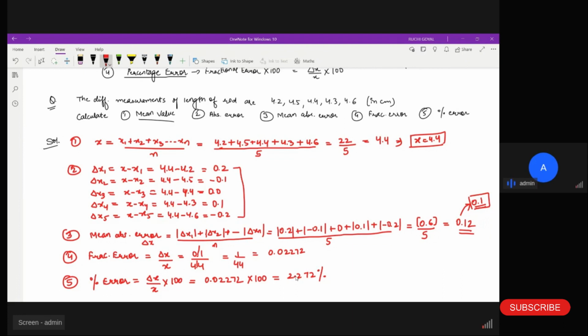From here we can say that the instrument used in measuring the length of the rod has an error of 2.272%, because as I have said already, every instrument has some error.